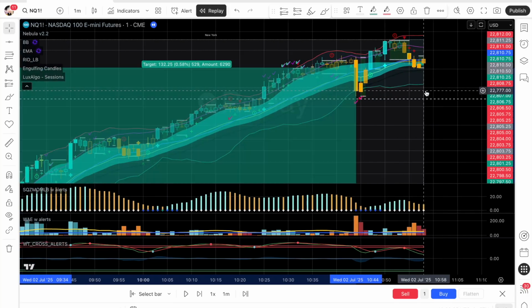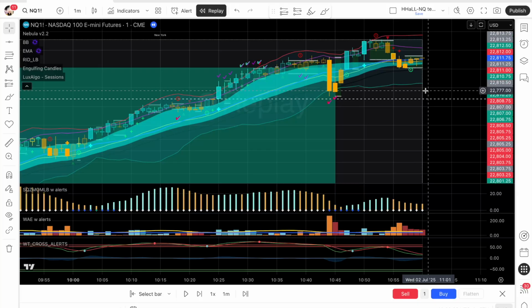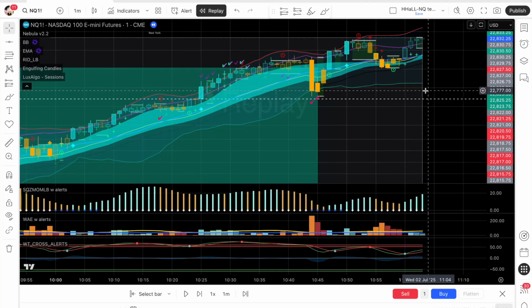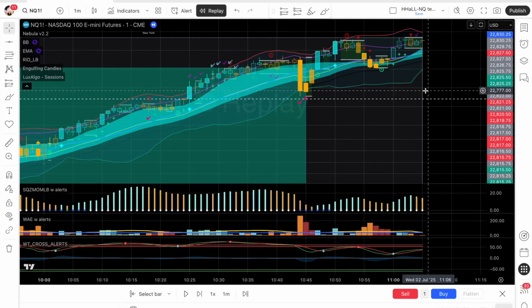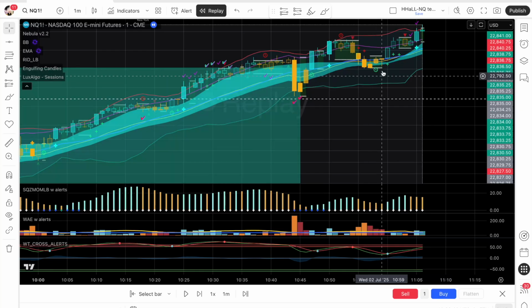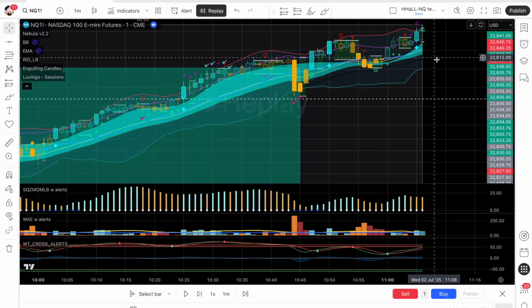But let's pretend we're strapped in, and we're just going to see where this goes. And look at that, new high for the day. And Nebula gives us the buy signal back here again as well. That's going back up. So if you wanted to time it quickly, you could have gotten out there, went short, and got out here for a few points, and got in here for long again. But I like to just strap in and see where it goes.